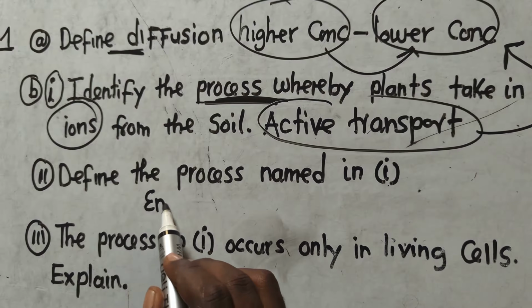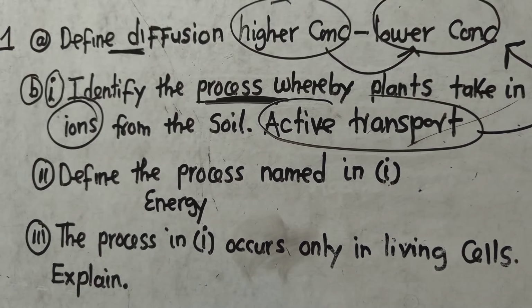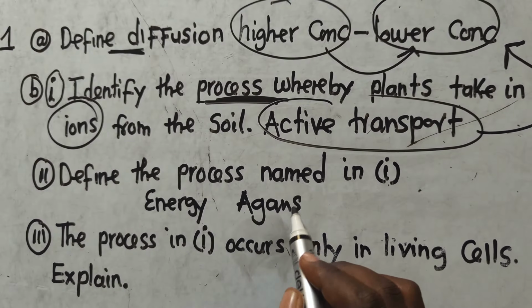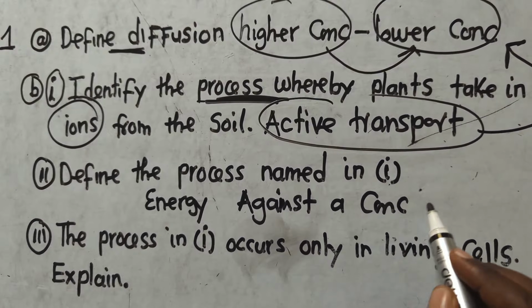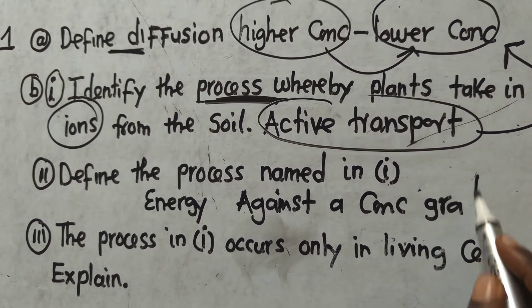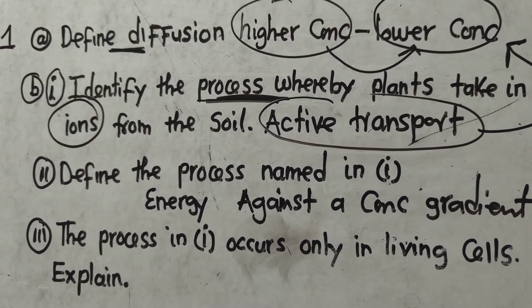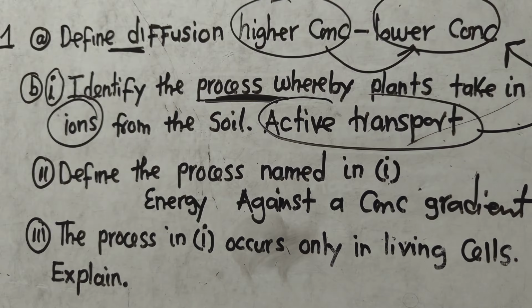So we are talking about energy being used to move particles against a concentration gradient. This is what you are supposed to understand. Active transport is the process by which energy is used to move particles of a substance against a concentration gradient.